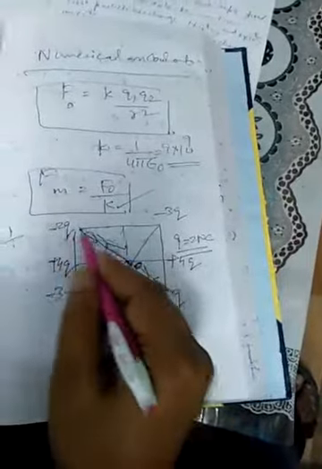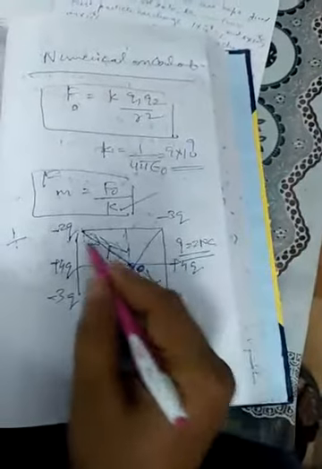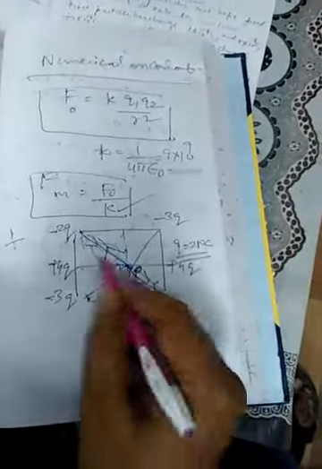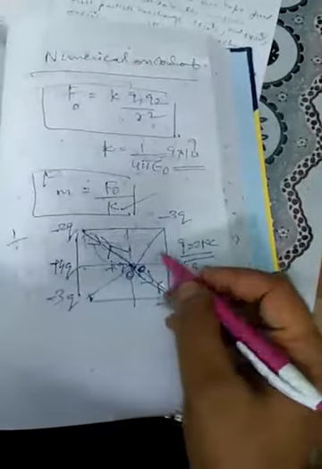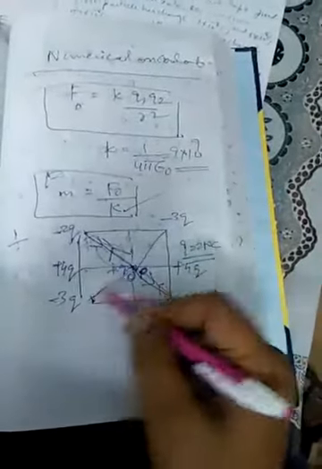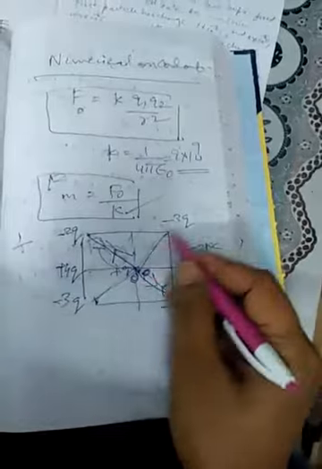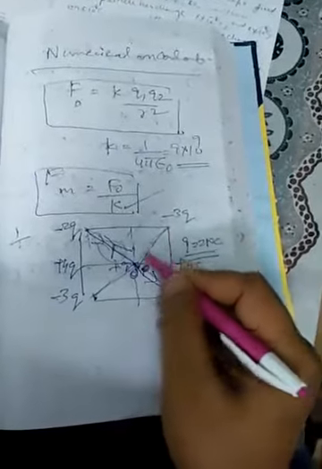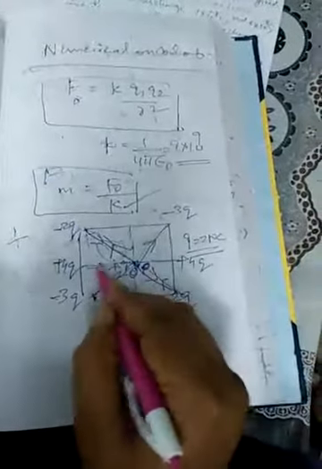But the magnitude is the same and the distance is the same, so the net force is cancelled. Similarly for this point, again equal and opposite forces are acting, and the net force will be cancelled. The same is the case with this one side and this one side.